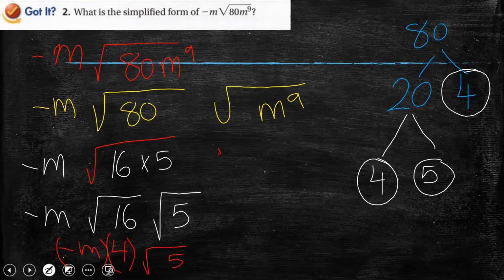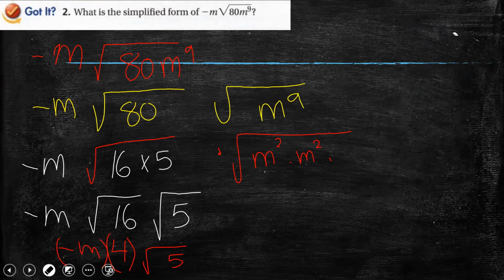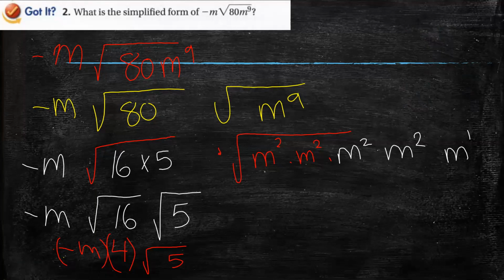Now let's come to the variable. Here, what did we have? We have m to the power 9. We can write it as m squared times m squared times m squared times m squared times m. I will say 2 plus 2 plus 2 plus 2 is 8, plus 1 is 9.